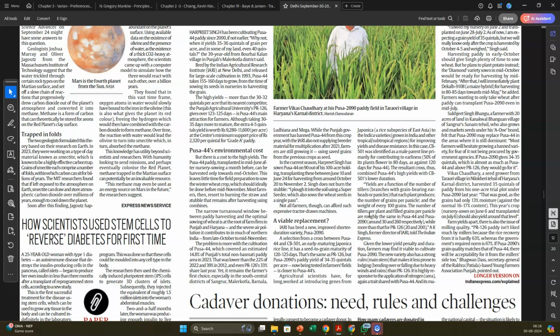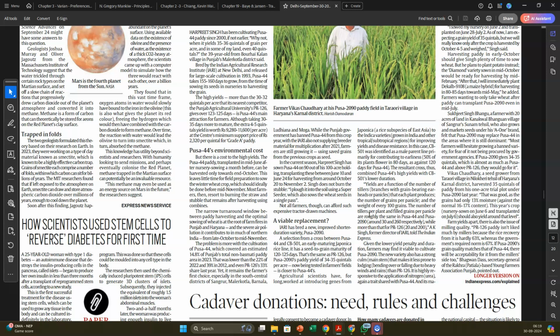The alternative to this is happy seeder tractors. What the happy seeder does is that it automatically takes out the residue from the previous Kharif crop, and at the same time sows the Rabi crop.